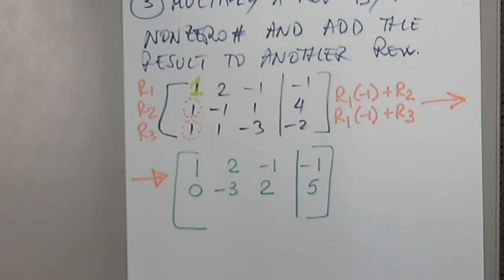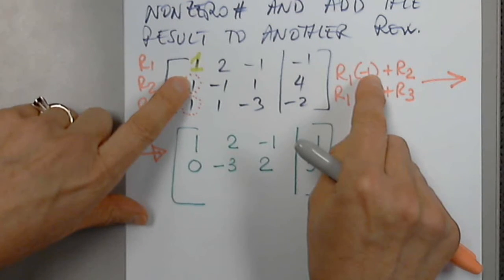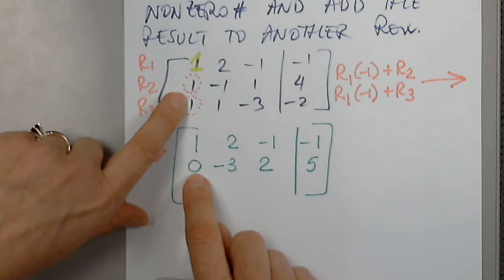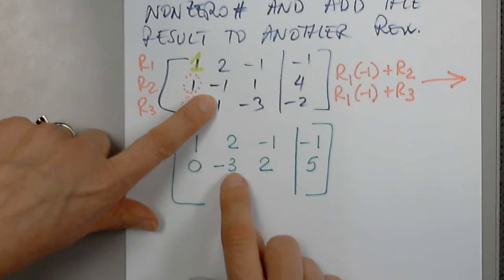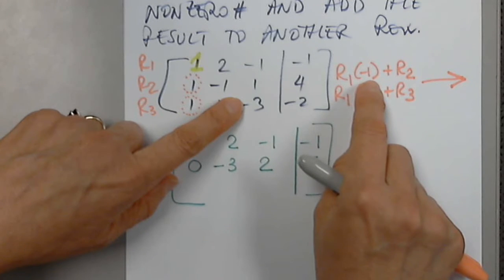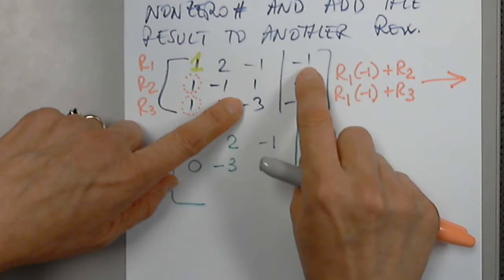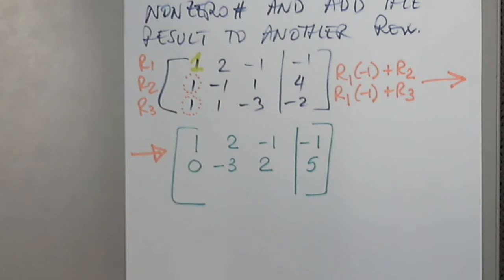Let's do this one more time for everyone to see. Ready? 1 times -1 is -1 plus 1 is 0. 2 times -1 is -2 minus 1 is -3. -1 times -1 is 1 plus 1 is 2. And -1 times -1 is 1 plus 4 is 5. Say it again.